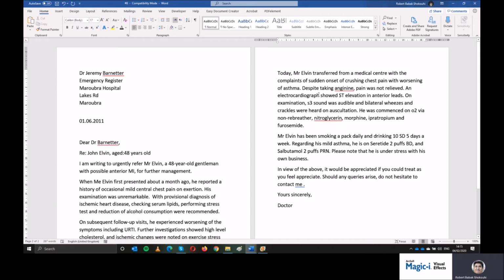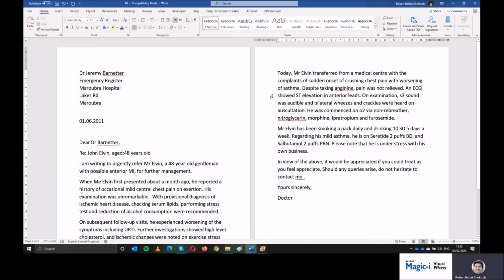And ECG showed ST elevation in anterior leads. On examination, S3 sound was audible and bilateral wheezes and crackles were heard on auscultation.